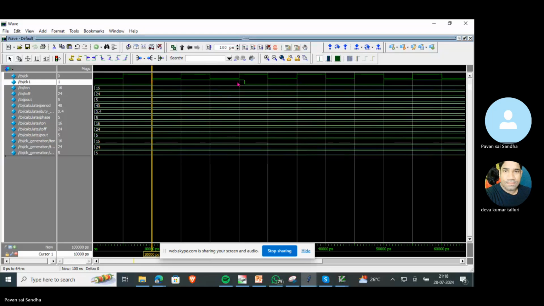That means it should be high for 8 nanoseconds and it should be low for 12 nanoseconds. I will show you. Here it is 10 nanoseconds, and here it must be 10 and 25. It was 15. Something happened. Okay.